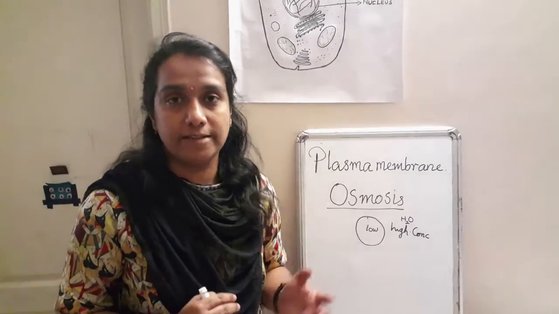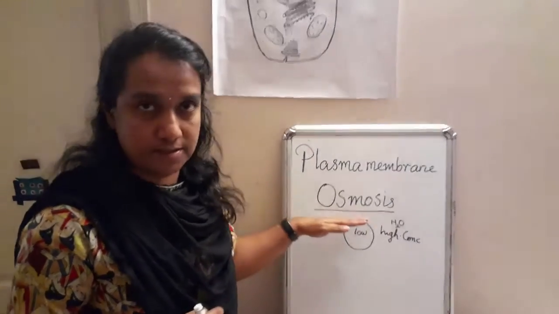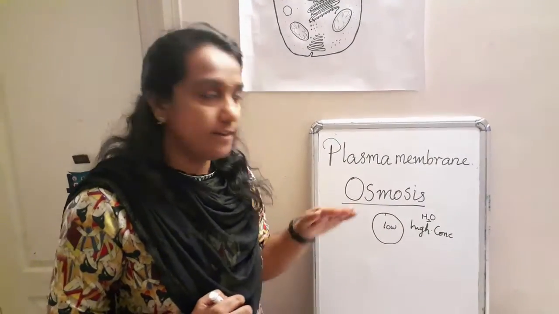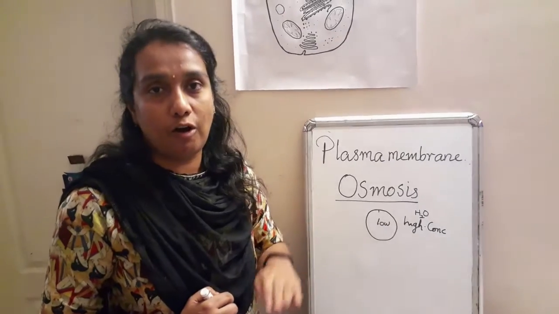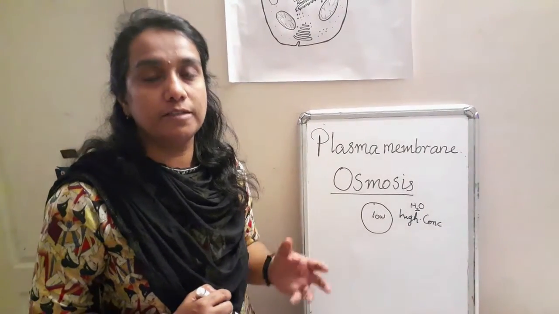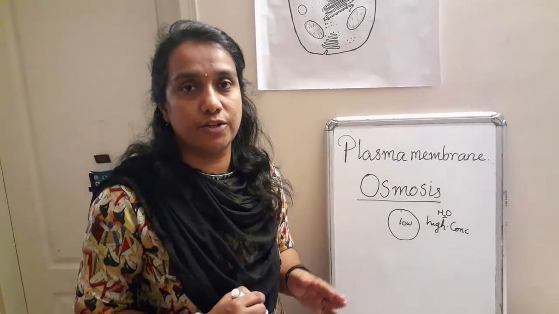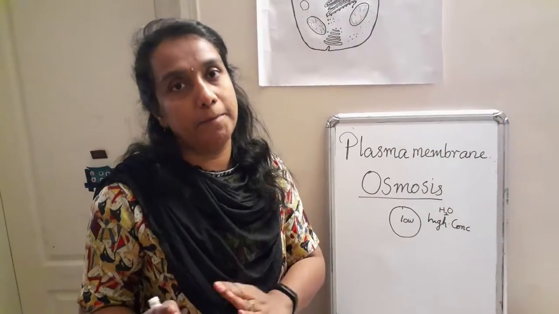Now we will go to the next concept, that is osmosis. Osmosis is another form of diffusion. In osmosis, the water molecules move from high concentration to low concentration through a semi-permeable membrane.